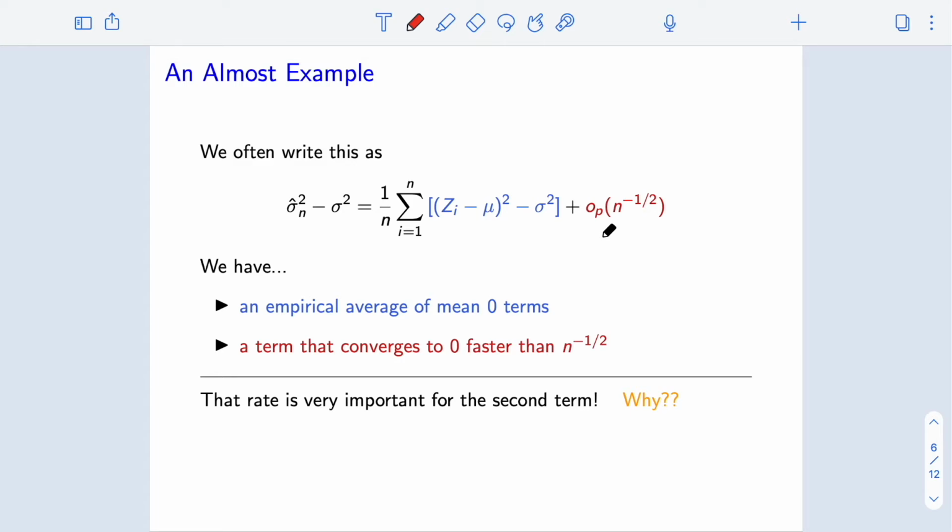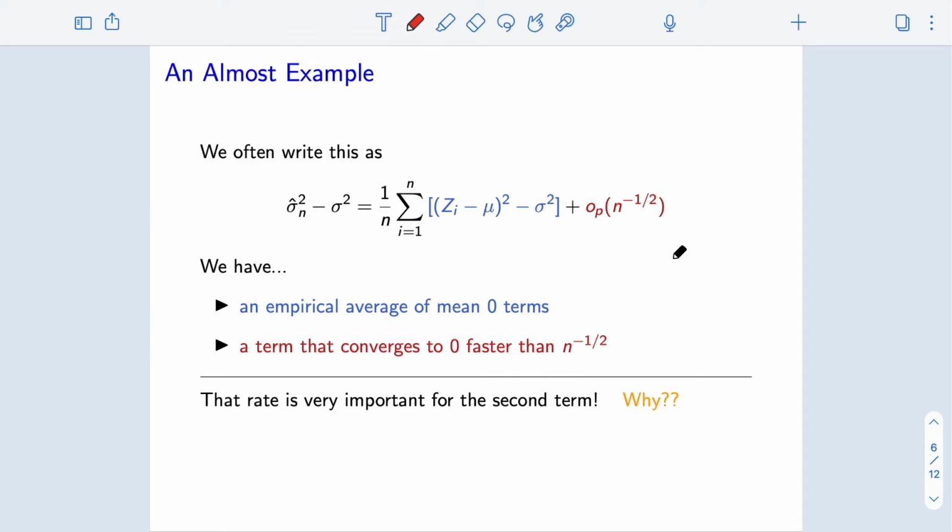Before we showed that that was big OP of 1 over n, which means it is also little op of 1 over square root of n. So again, we have an empirical average of mean 0 terms, and a term that converges to 0 faster than n to the negative 1/2, and this rate, n to the negative 1/2 or faster, is very important here.